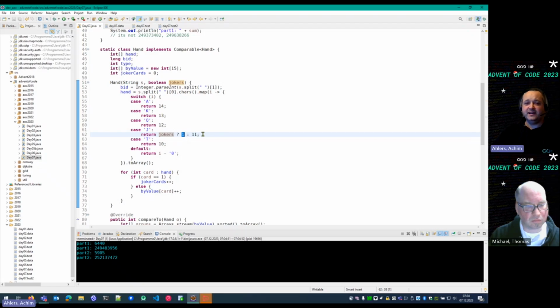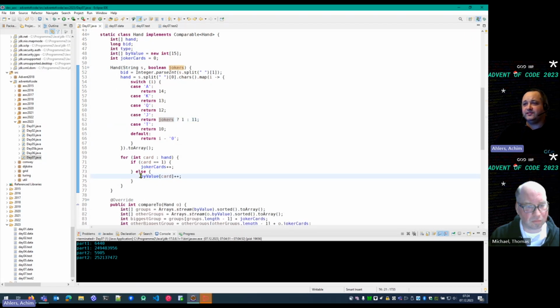So for finding out what groups I have in my hand, the constructor also constructs this byValue array, where I look at each card value and increment the corresponding position in this array. This is an idea that I took from counting sort, an interesting sorting algorithm.